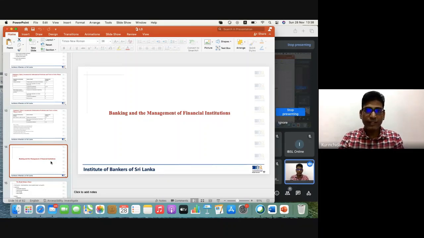Then today we are going to discuss overall banking and the salient features in managing financial institutions. And then we would be covering the regulations in Sri Lanka as well in a summary version. If you need any further clarifications, we can discuss in detail.